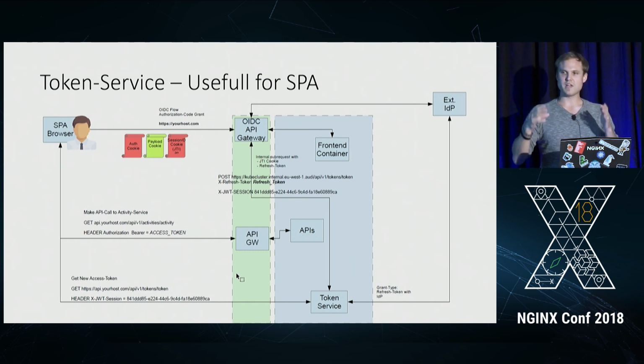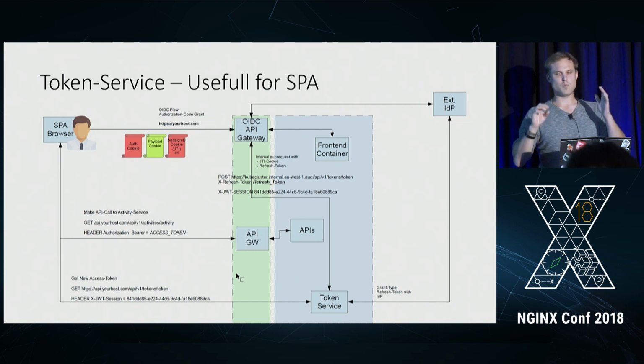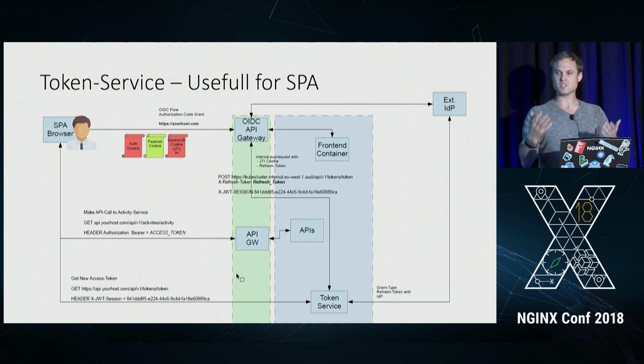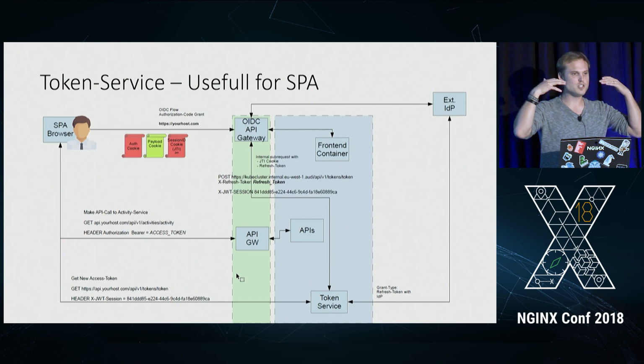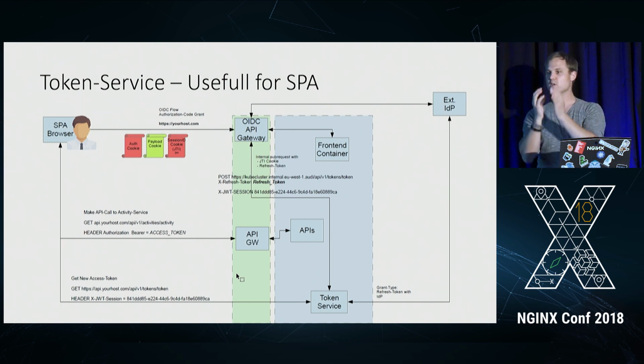So we have an access token with 5 minutes, and the refresh token with a lifetime, in that case, of 12 hours. But it's never a good idea to store a refresh token client-side, because a refresh token grants you the possibility of requesting new access tokens just based on the refresh token.